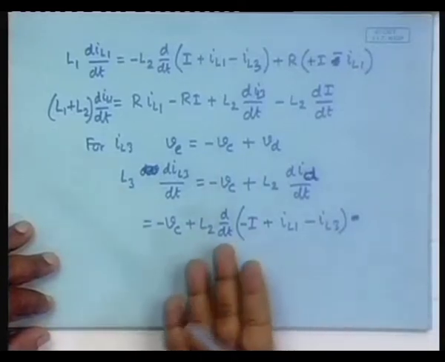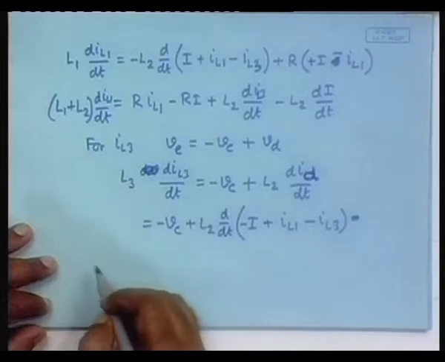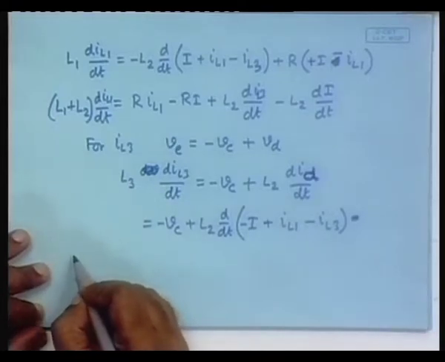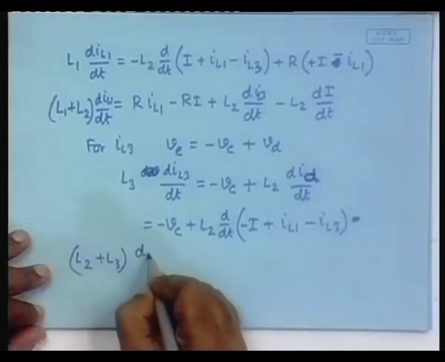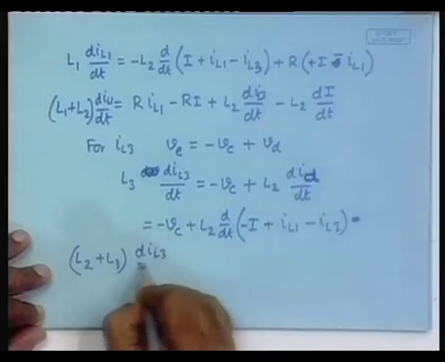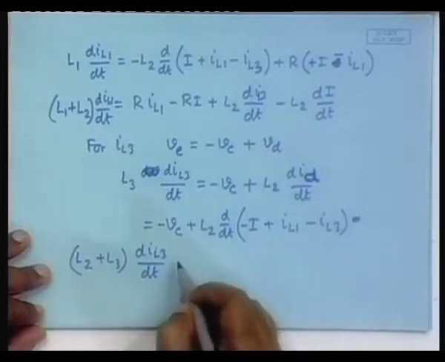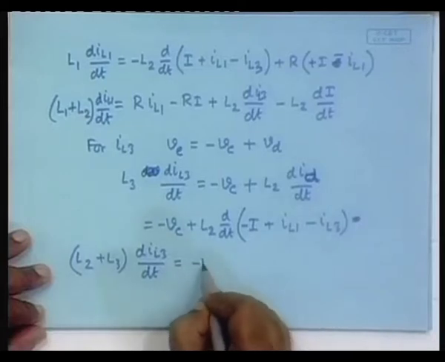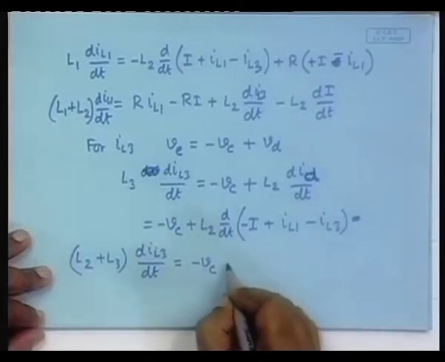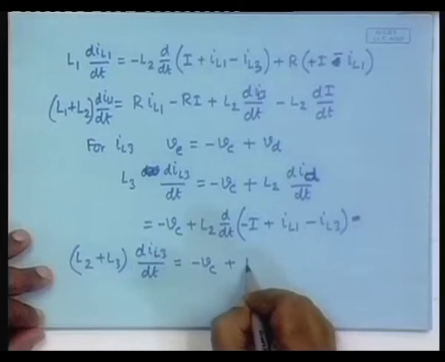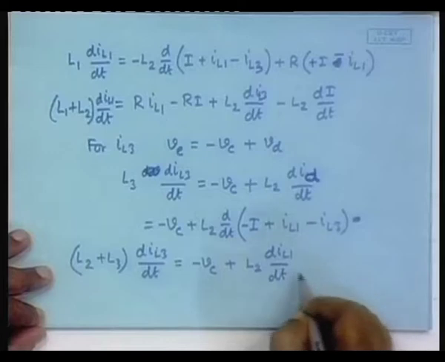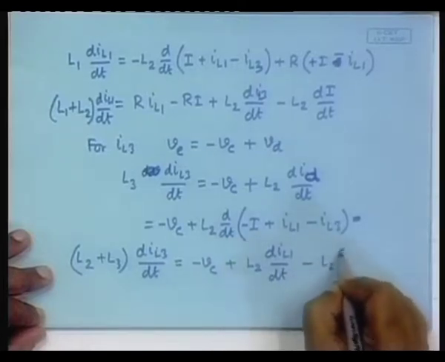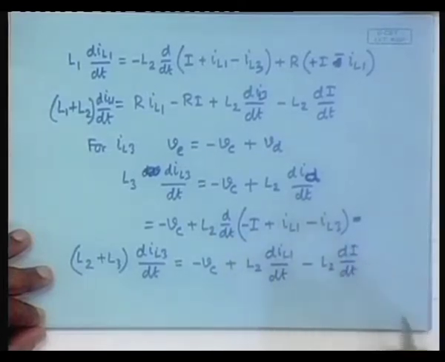So now you get this thing out on the same side, you have L2 plus L3 of dIL3 dt is equal to minus VC plus L2 dIL1 dt minus L2 dI dt.